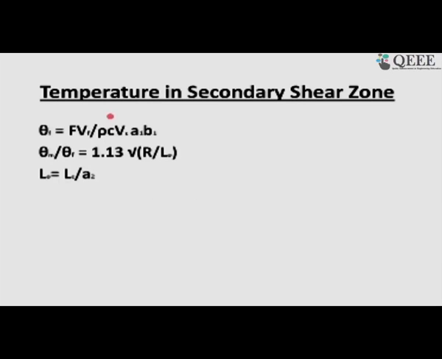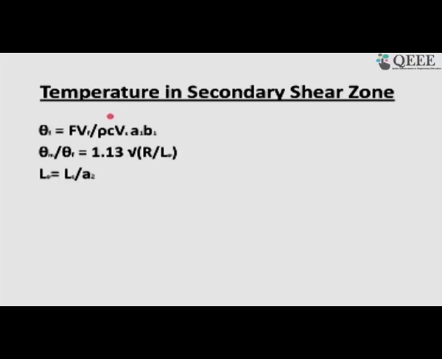So, friend, this is what we get, as I have written already. The average temperature will be given by this theta average, which here we have written as theta f, and this is given by the friction force divided by the volume specific heat into the volume rate of flow.